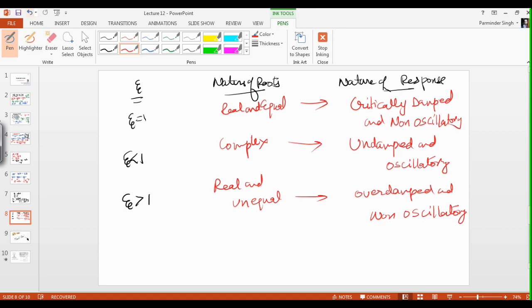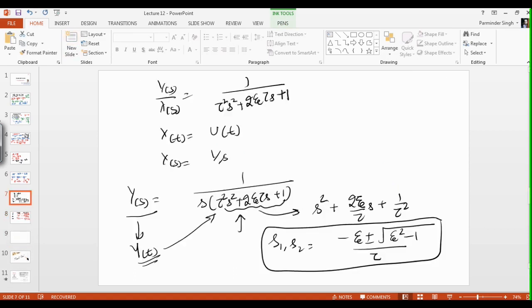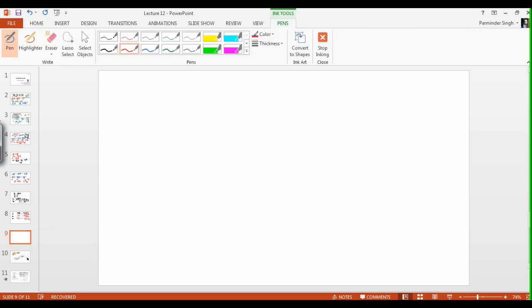Now suppose over here what we've done is we have given a unit step input to the system. So depending upon the roots, the nature will be different. Let's see. If zeta is 1, that means both s1 and s2 will come out to be minus 1 by tau.